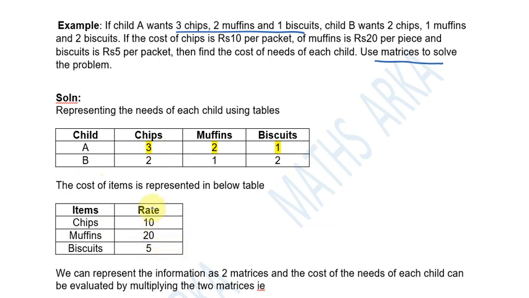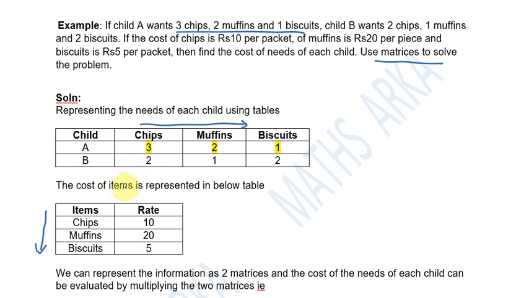What we need to check here is the order of the things. The chips, muffins and biscuit are in this order, so we should write the column-wise thing in the same order. Chip should come first, muffins second, biscuit third. Whatever order is given over here, that order should be followed here as well.